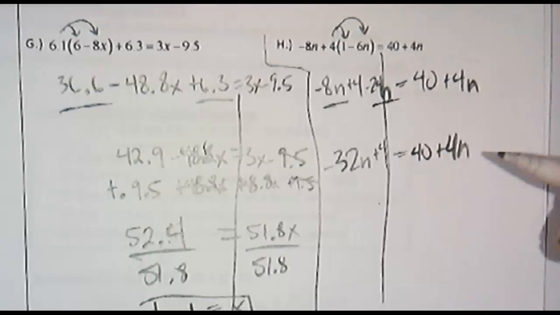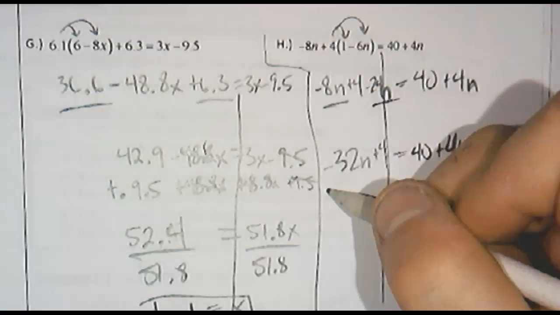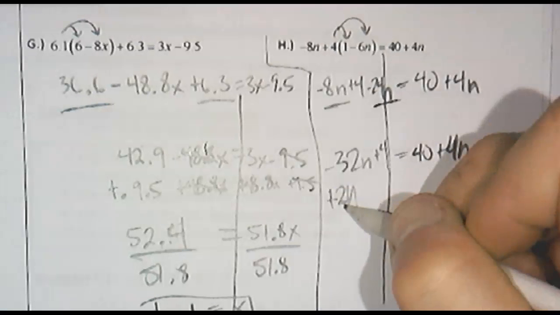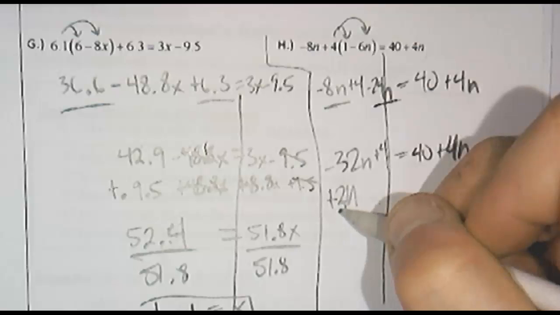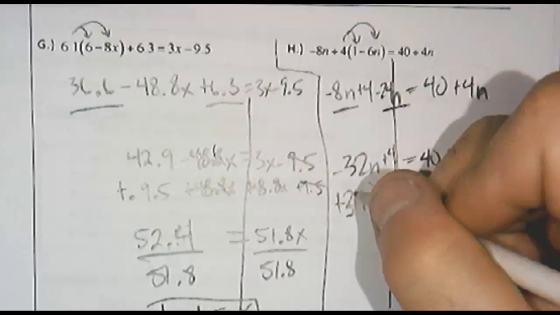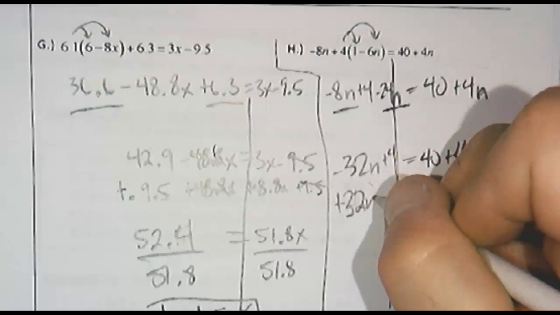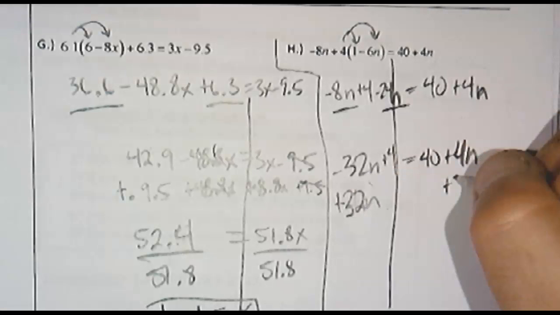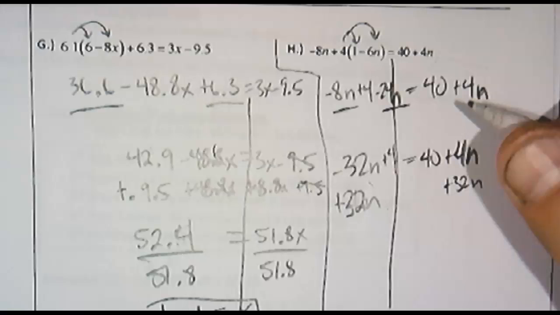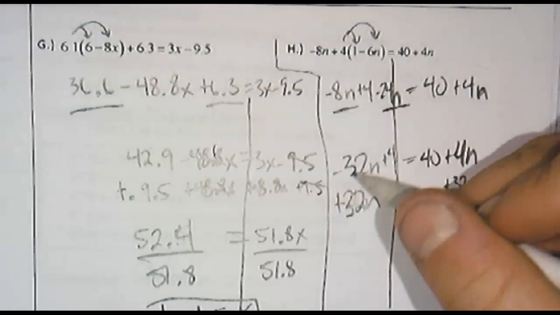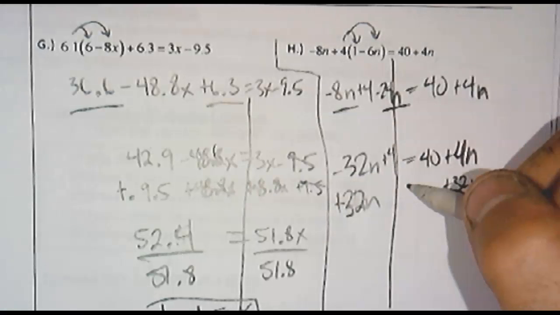Now I'm going to move my variable, the 32n, I'm going to add it. Adding 32n to both sides, and you know, like I said in the last problem, since you're recognizing that you're moving the variables to the right, you can just move the constants to the left in the same step.